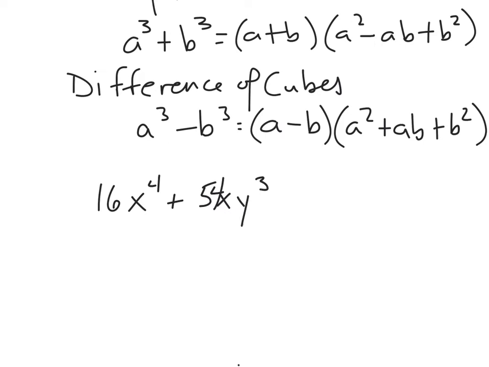Yes, 2x. 54 is divisible by 2, but not by 4. And 16 is also divisible by 2. And then there is an x in each term. So I can factor out a 2x. And when I factor out a 2x, what am I left with?